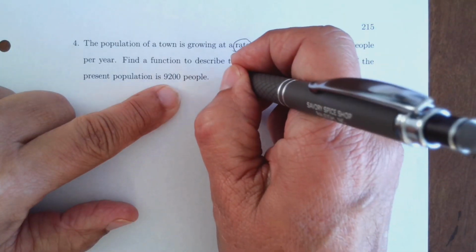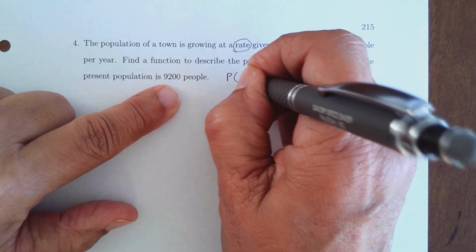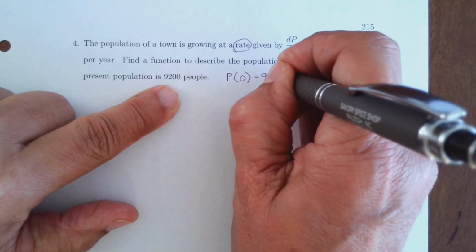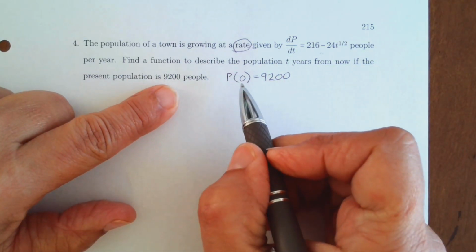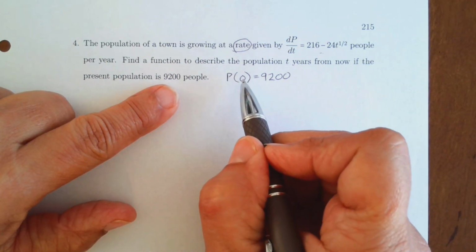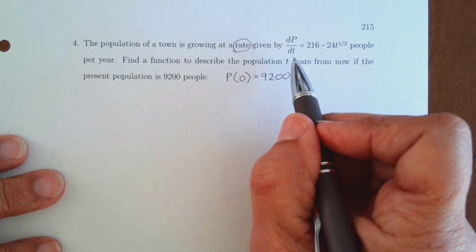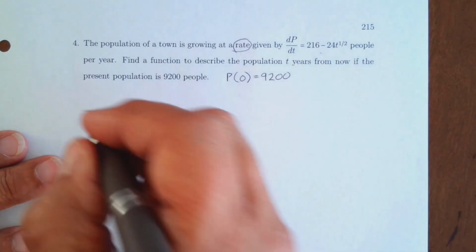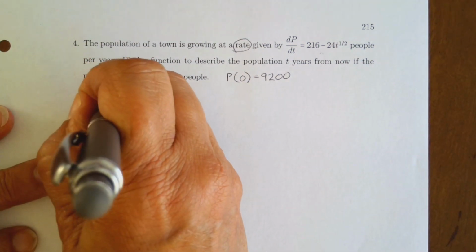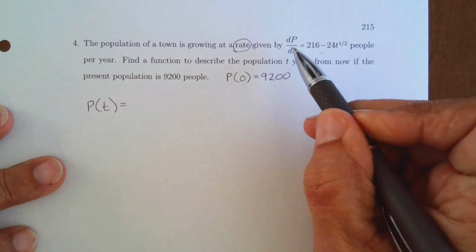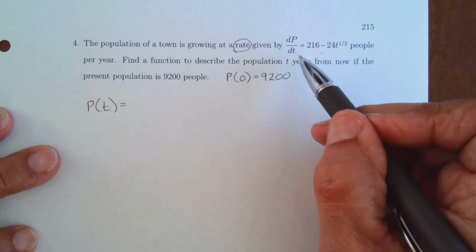Now is time 0, present, time 0. So we need capital P, the original function, P of t, because this is the derivative of P of t.